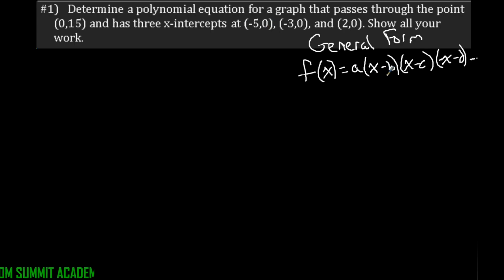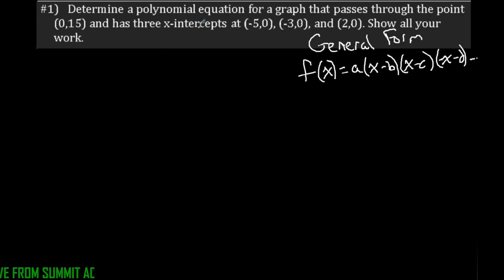I put minus because we have to take the opposite of that value. So whatever point it goes through in your graph, it should be the opposite of that point in your equation.